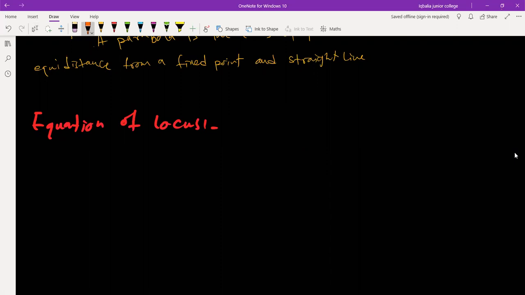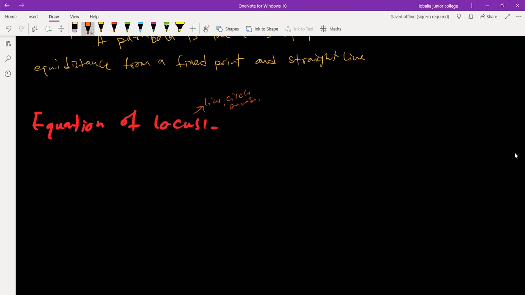So equation of locus. Locus means a set of all points that share a property, and the property can be a line, a circle, a parabola, an ellipse, a hyperbola, or any figure.